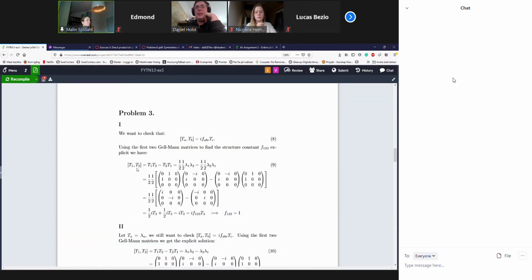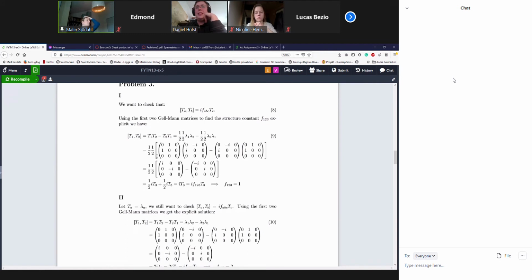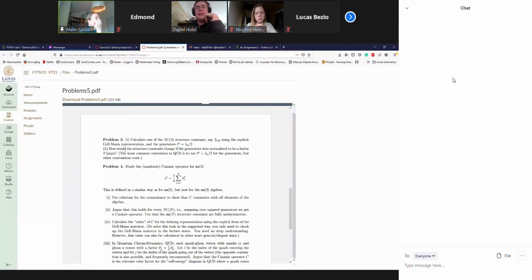So we try and compute the commutator for 1 and 2. If we use the explicit matrices, it turns out that we get 1 T3. Then we say, okay, this structure constant is 1 as we expected. So not much to say there.